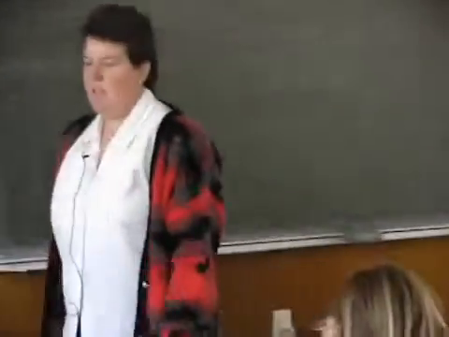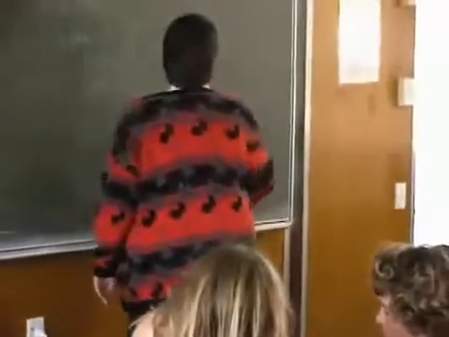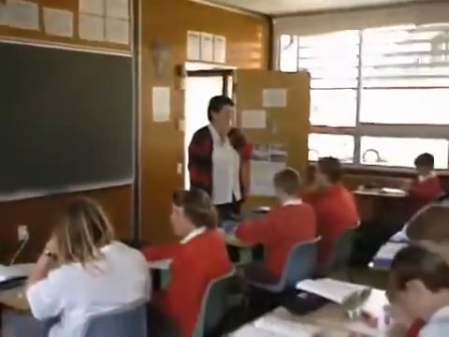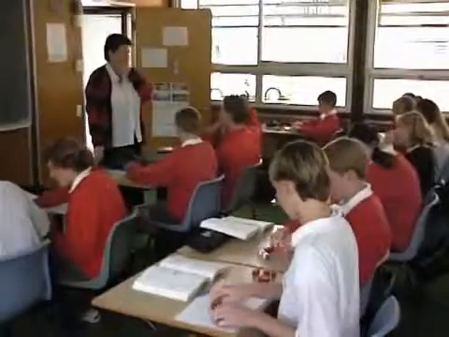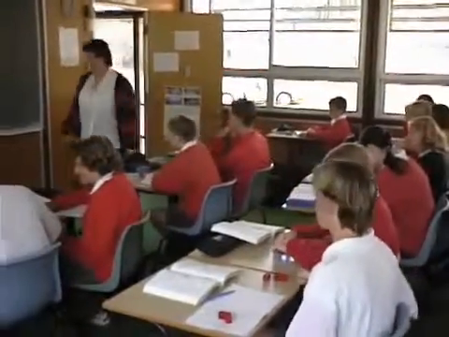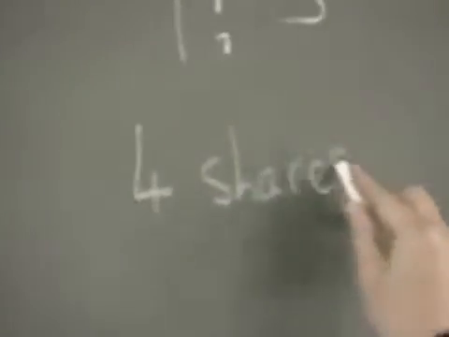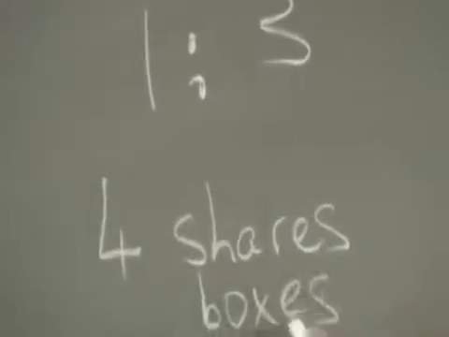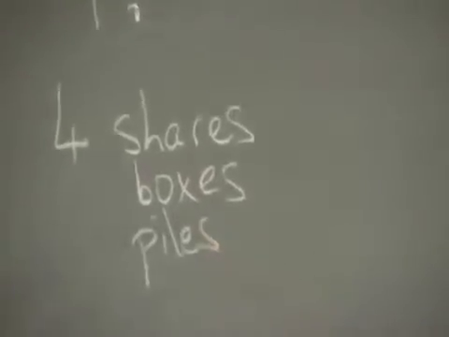Okay, so I want you to see if you can create for me a ratio of 1 to 3. How many blocks have you got? 4 altogether. So you would have 4 shares, or 4 boxes, 4 piles that you need to create.